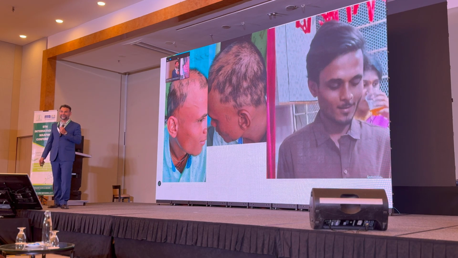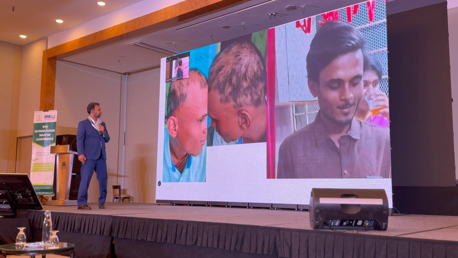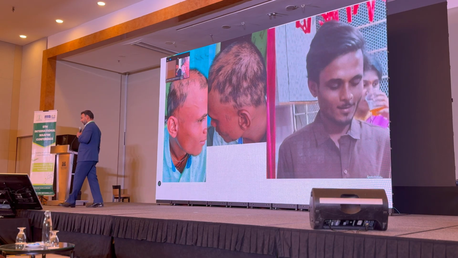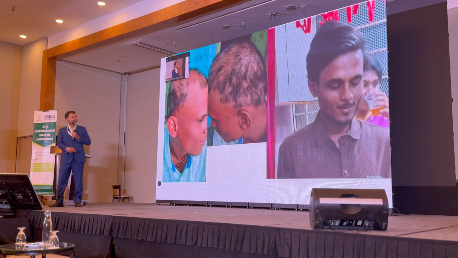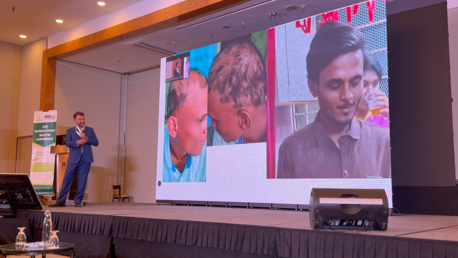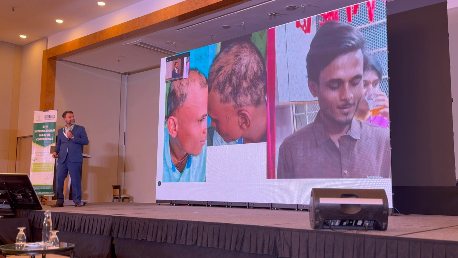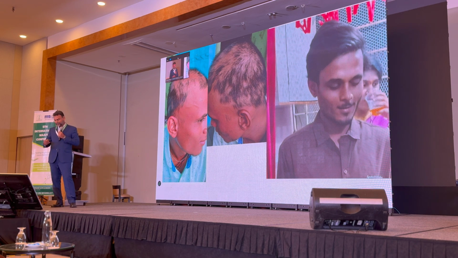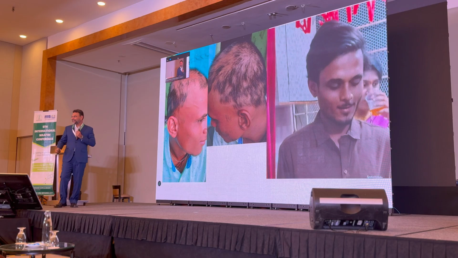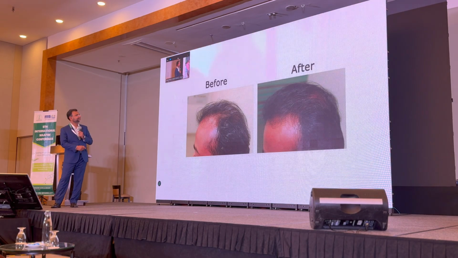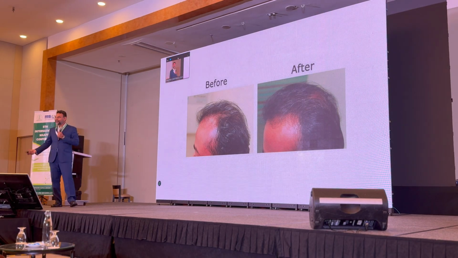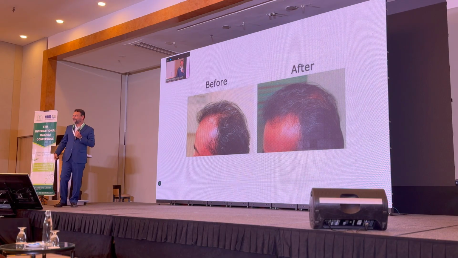So he came with his mother, and he said that he needed the hair, so we just gave him the exosome, we gave him a good preconditioning, and this is what he is as of today. But I did not collect the first picture because I thought that he won't get anything back. So sometimes never underestimate our own treatment.